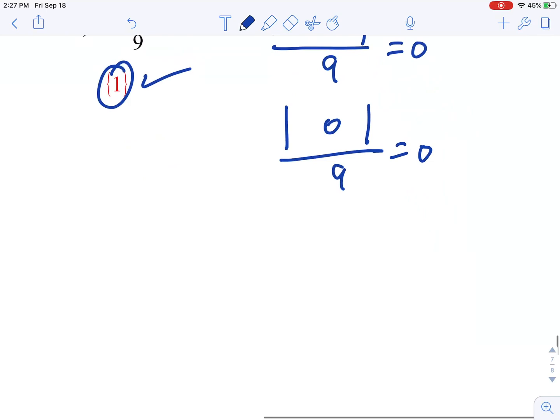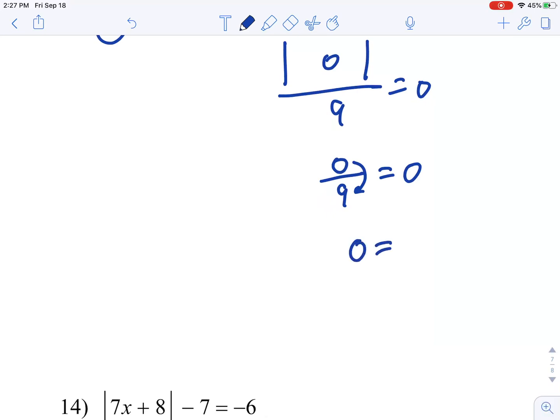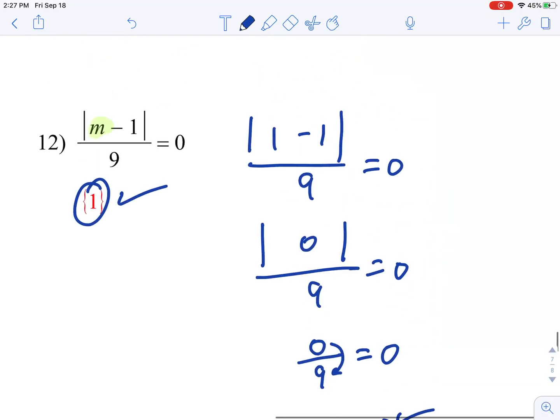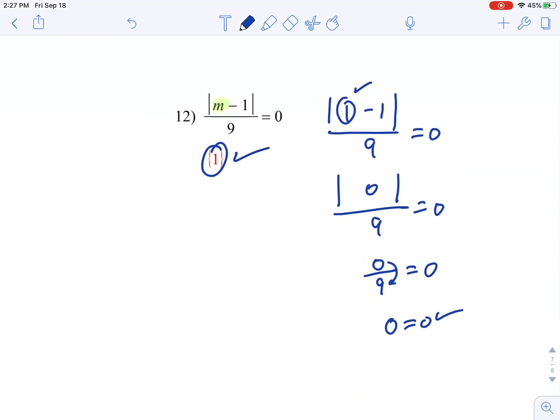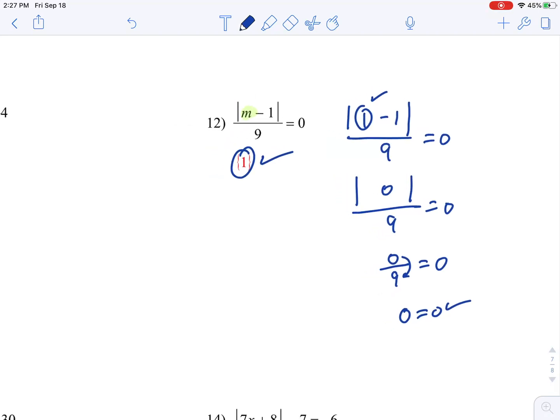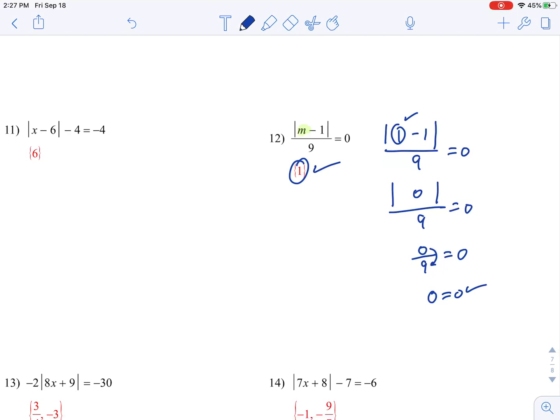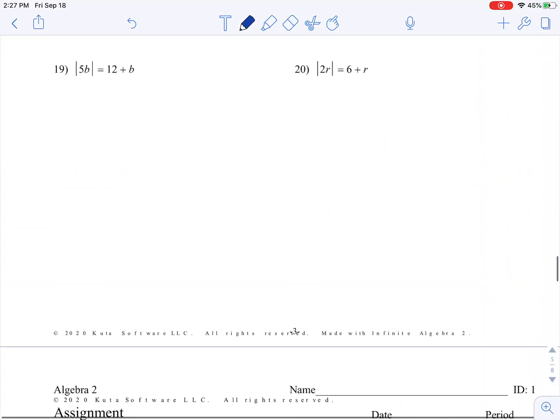The absolute value of 0 is still 0. 0 divided by 9 is 0. 0 equals 0, which means that 1 is the correct solution. So if you don't have an answer key, let's say you're taking a test and you want to be able to check your work before you submit it and get it graded automatically, you can plug your answer back in and check it and make sure it works.